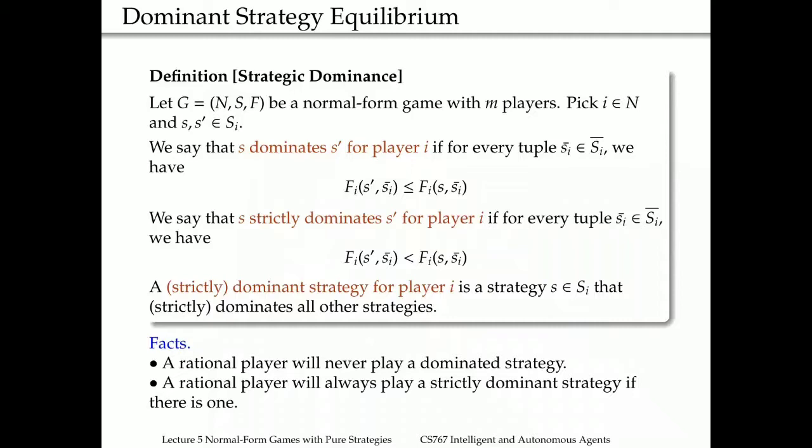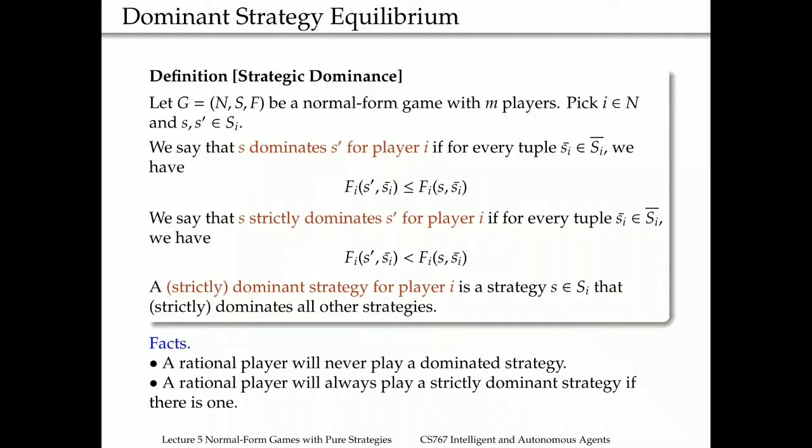So no matter what the other people have done, if you fix the other people's actions, then what the i-th player gets from playing s would be no less than the payoff that this player gets from playing s prime. And if we add the word strictly in front of dominates, this is an even stronger notion.